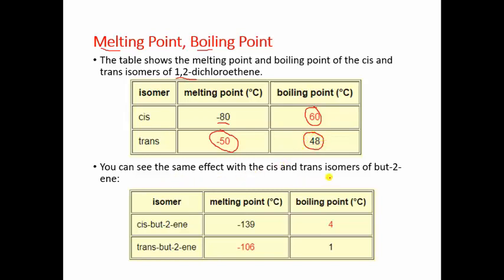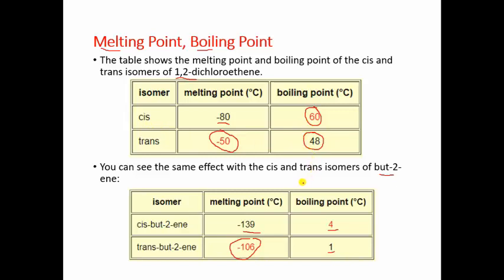In this other example, butene, similarly, trans has a higher melting point than cis, and cis has a higher boiling point than trans. Shortly we can say the melting point of trans is higher than cis and the boiling point of cis is higher than trans.